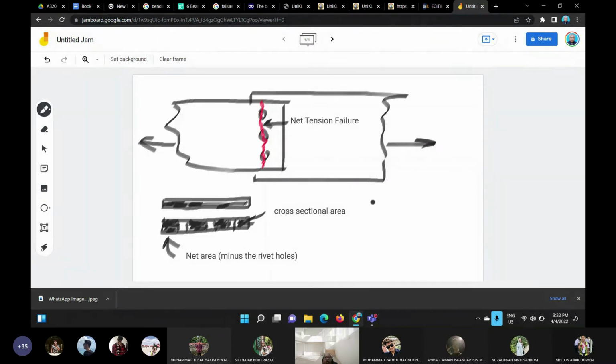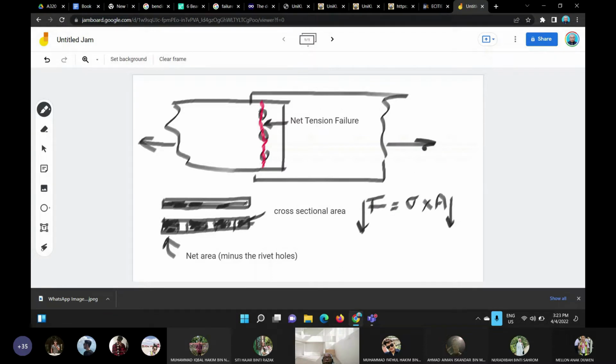So as we understand, force is stress times area. So as area becomes less, the force is less.